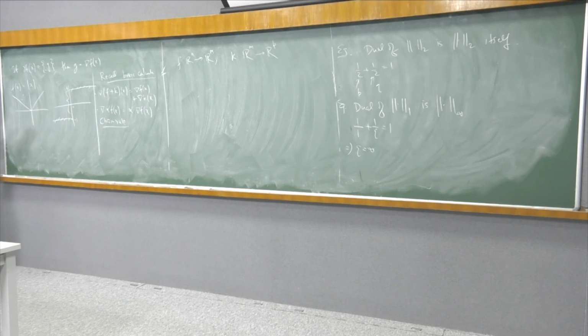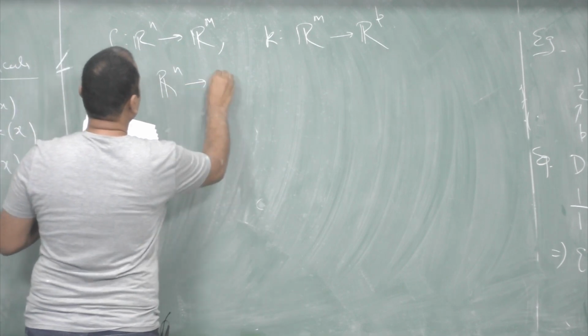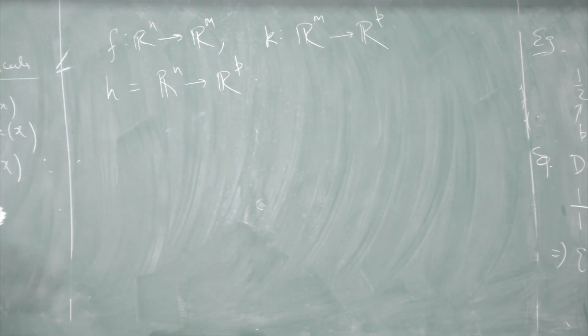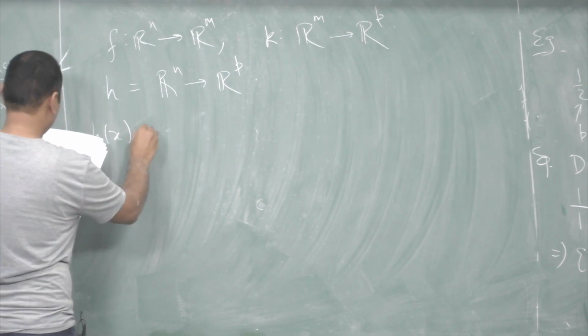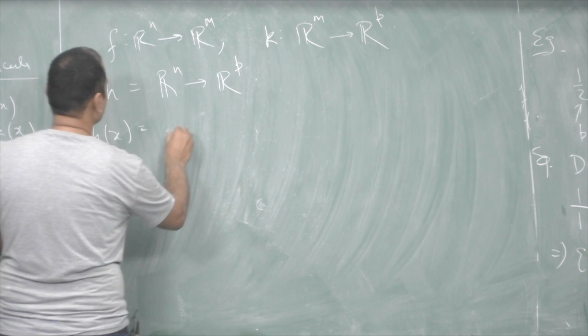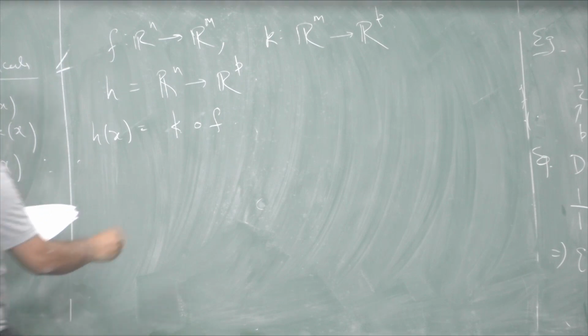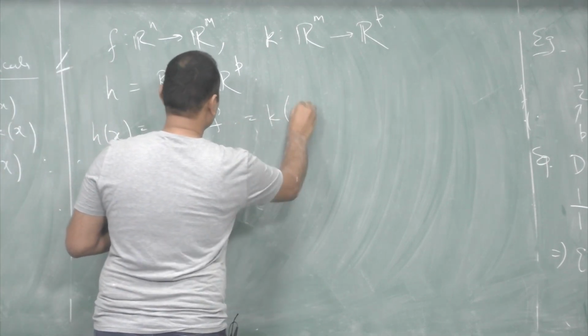Then h goes from R^n to R^p. So these are the functions given, and we define the composition: h(x) is k composed with f. F takes n to m, and then k carries over from m to p. Sometimes we write this as k(f(x)).